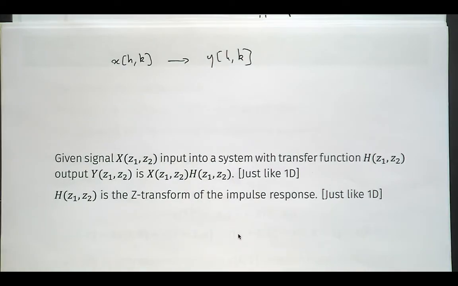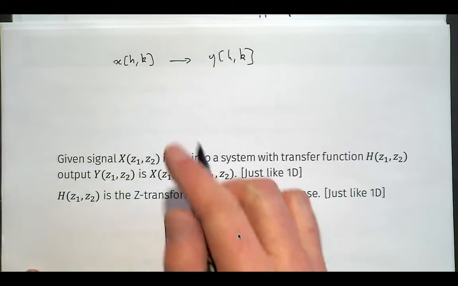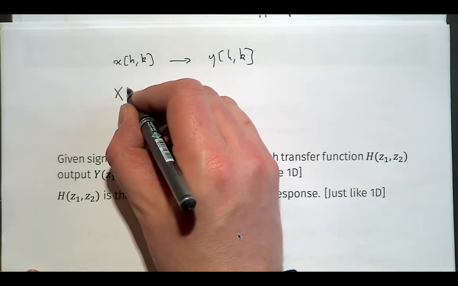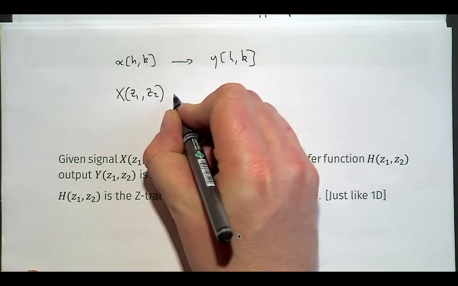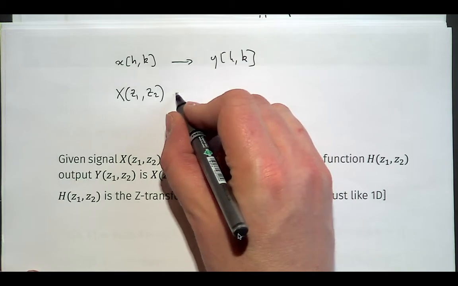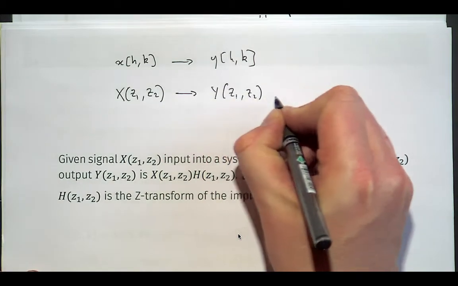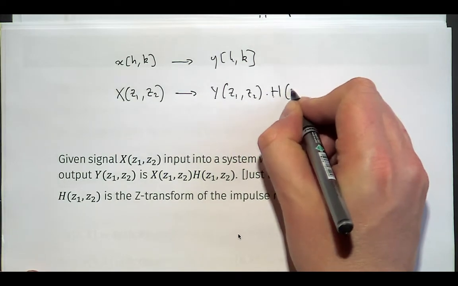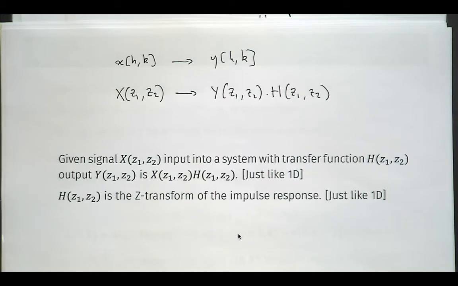Then obviously in the Z transform, all that would be very nice. You would have something like that. So you just have a simple multiplication of your polynomial.